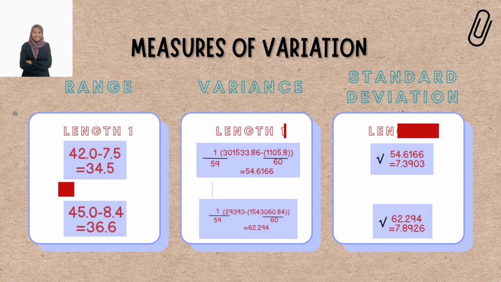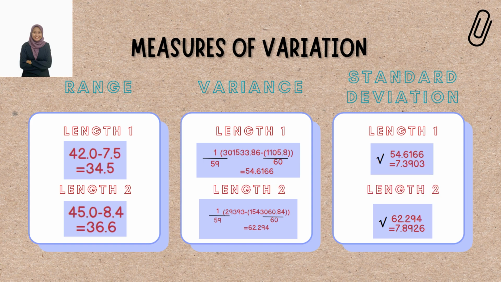For the measures of variation, there are three types of variation. First is standard deviation, second variance, and third range. For the variance of line 1, we get 54.6166. And for the standard deviation, we square root 54.6166 and we get 7.3903.